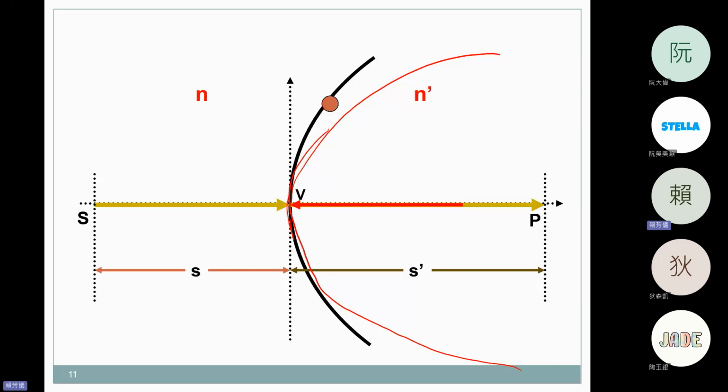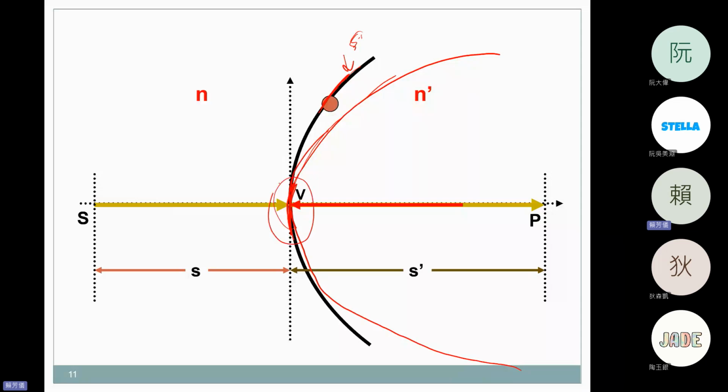So this is a spherical lens, and this is the ellipsoidal lens.